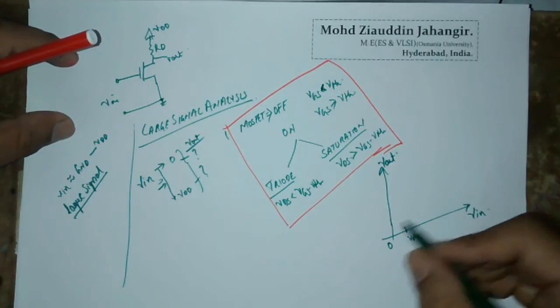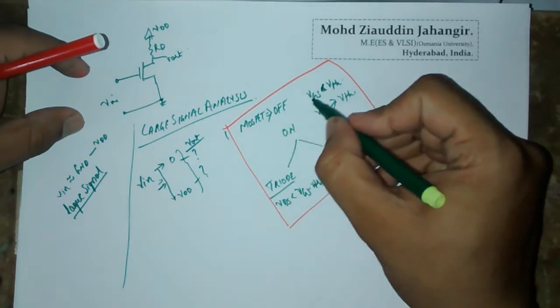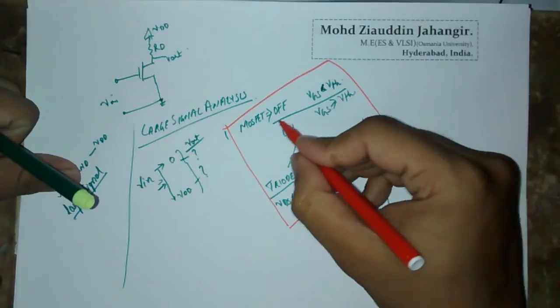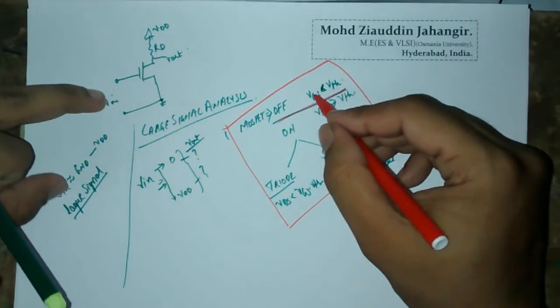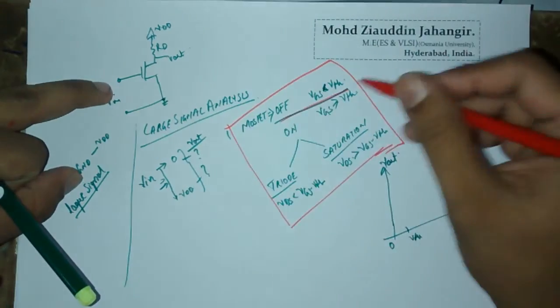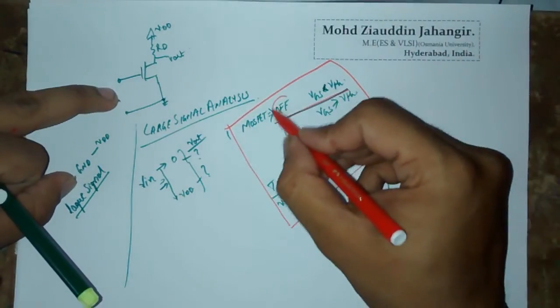What happens in this condition? If your VGS, that is the gate to source voltage, nothing but Vin in this case, because we are talking about the common source amplifier, is less than your VTH, your device will be in the off state.